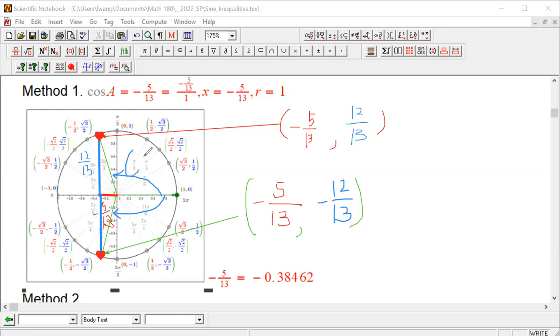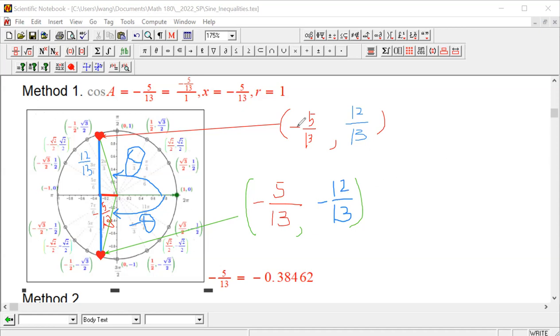So if this is theta, and this is a negative theta, isn't it? And how do we represent theta? Well, we can use arc cosine. Because when we do arc cosine, we chop off the last two quadrants, quadrant 3 and quadrant 4, right?